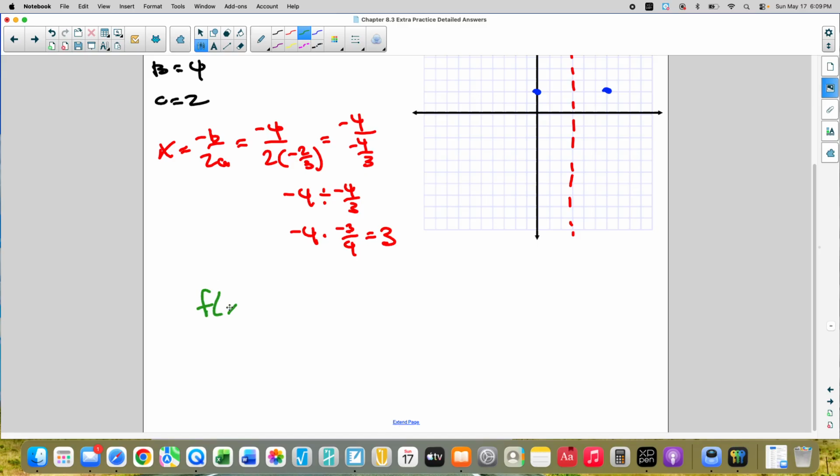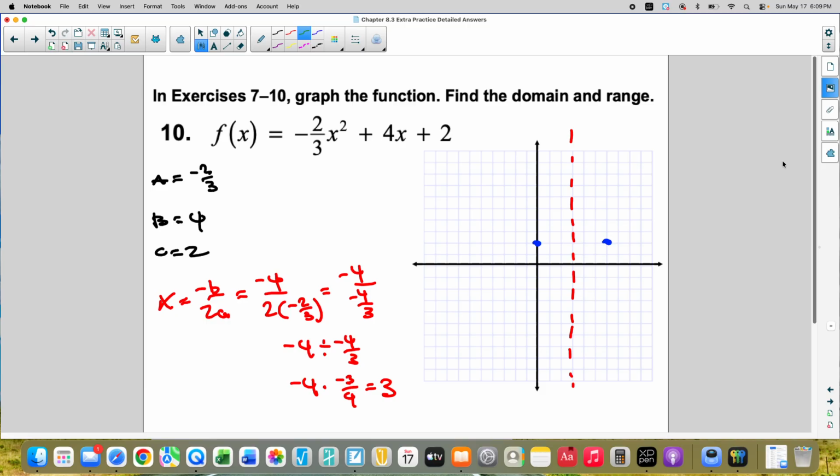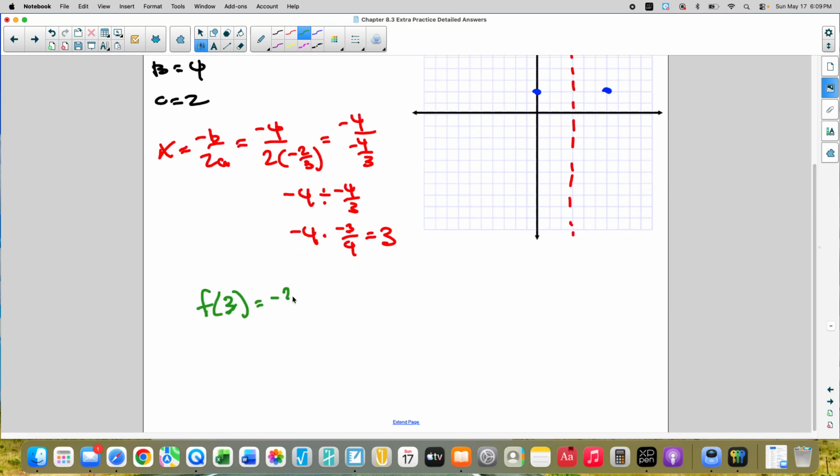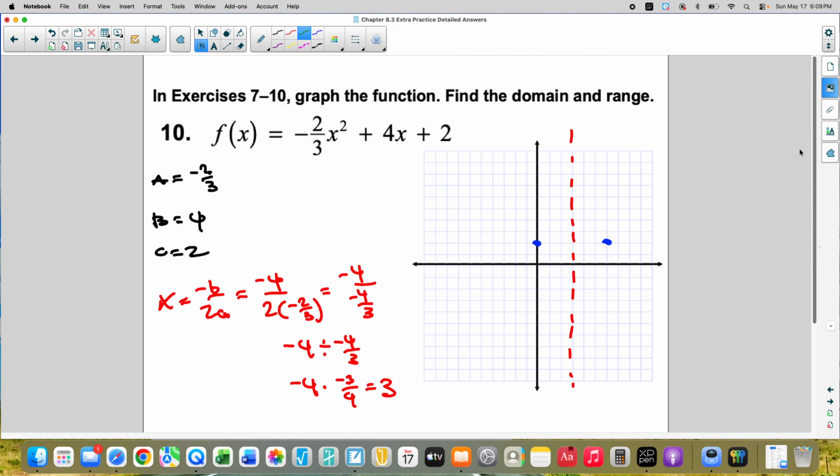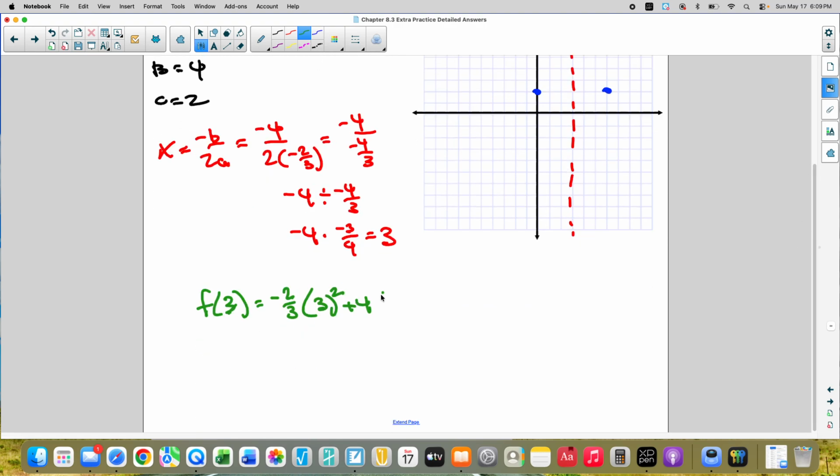F of 3, hopefully, equals negative 2/3 times 3 squared plus 4 times 3 plus 2. F of 3 equals negative 2/3 times 9 plus 12 plus 2.